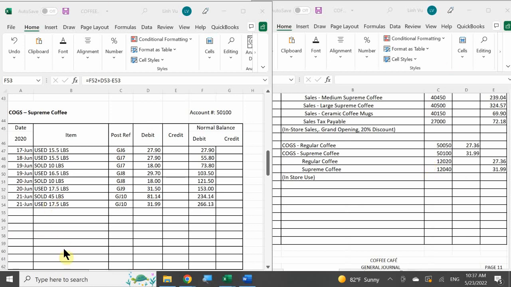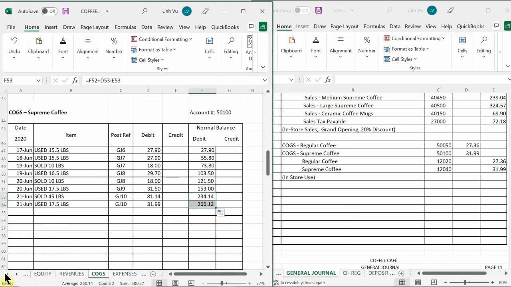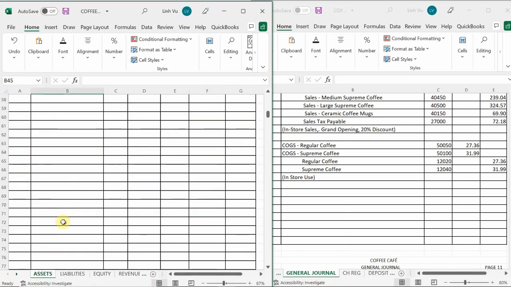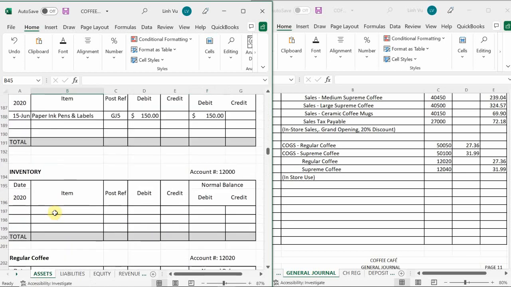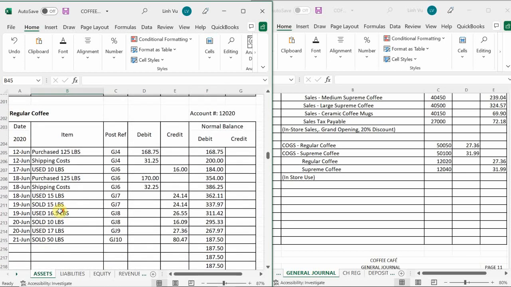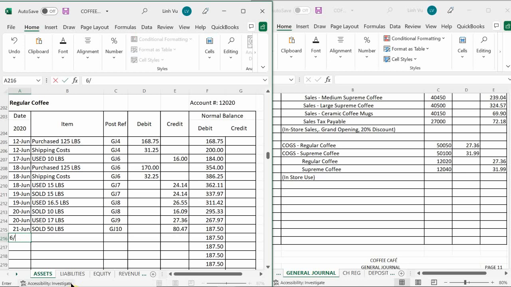And then now we need to update our inventory. Starting with our regular coffee, we used 17 pounds, which gave us $27.36. So my ending balance should be 160.14.